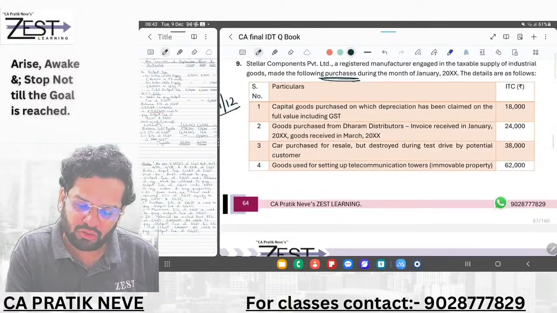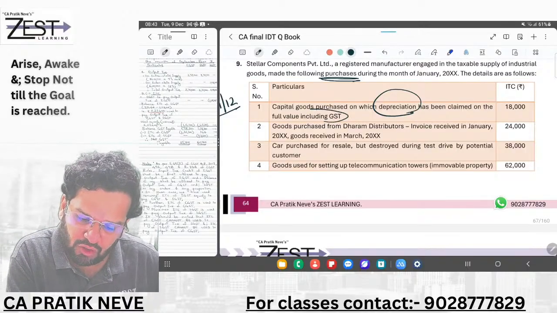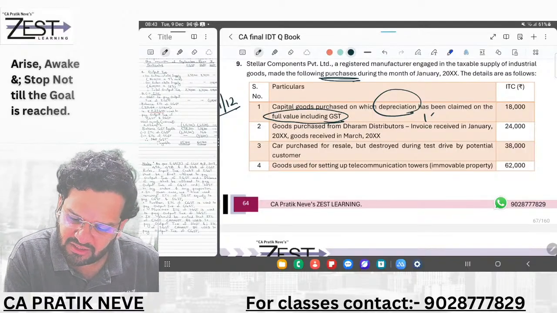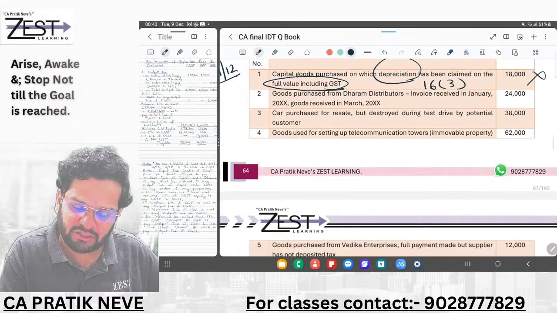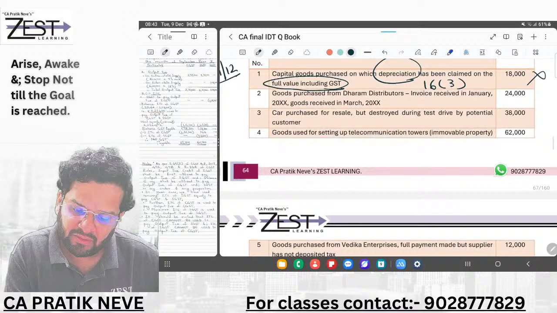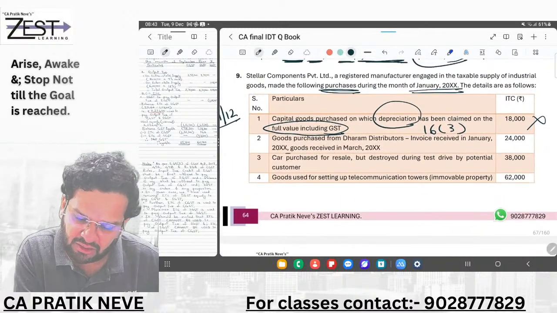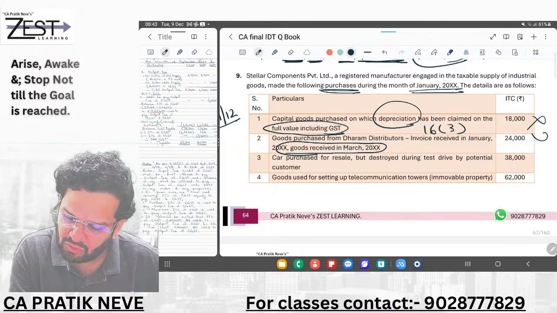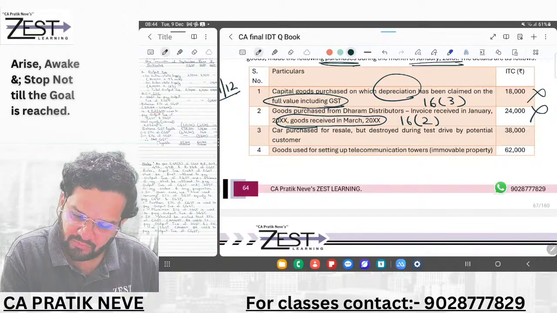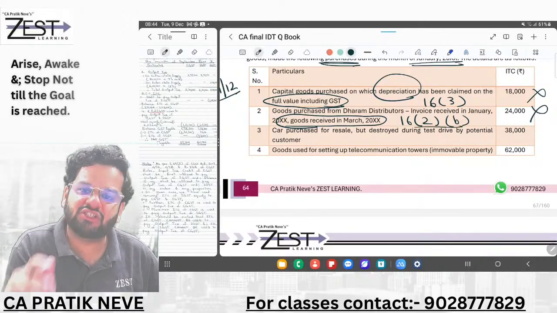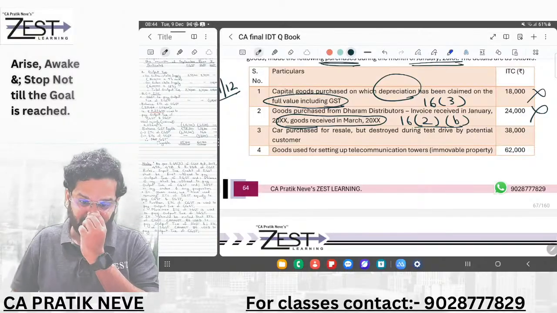Capital goods on which depreciation has been claimed on full value including GST, as per 16.3, no ITC. Goods purchased from Dharam distributors, invoices received in Jan, we are finding for the month of Jan, but goods are received in March, no ITC in Jan as per 16.2(b); he should be in possession of goods or services in order to avail ITC.